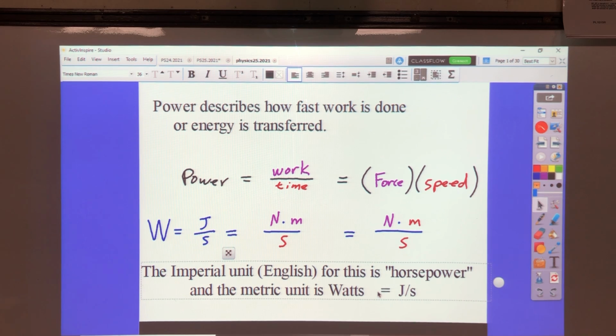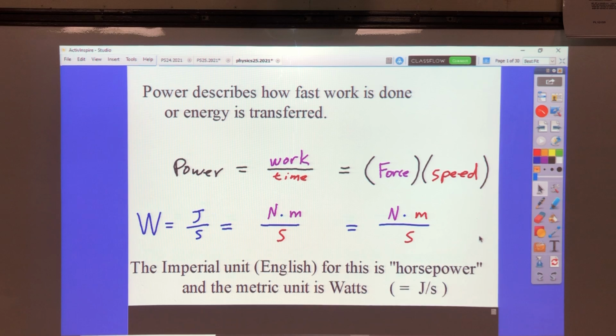So my watts is equal to joules per second.